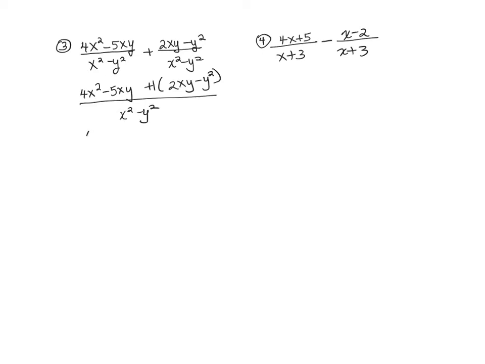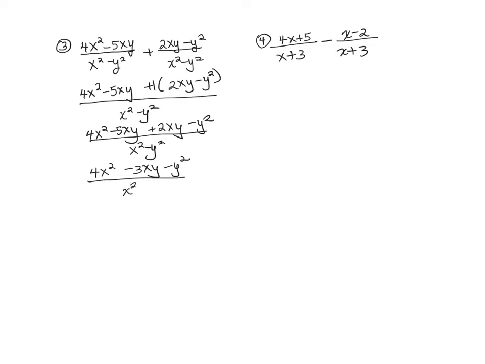So we get 4x squared minus 5xy plus 2xy minus y squared over x squared minus y squared. We combine, we get 4x squared minus 3xy minus y squared, all divided by x squared minus y squared.